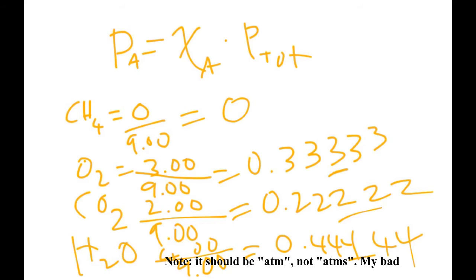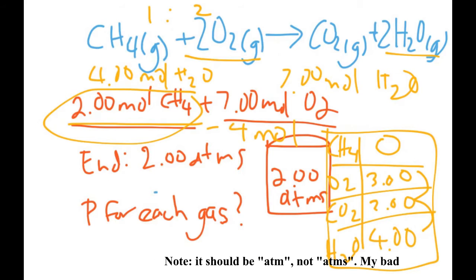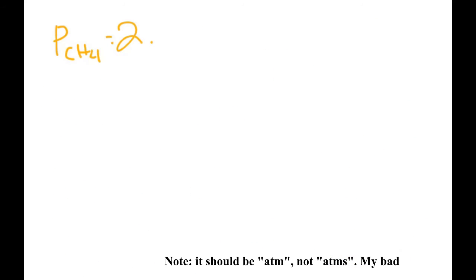So now that we have the mole fractions, let me actually write the mole fraction. I have to put the X and the chemical as a subscript, and let's calculate the partial pressures for each gas. So the partial pressure for methane gas will be the total pressure, which is 2.00, which was our total pressure at the end, times the mole fraction, which is 0, and that gives us 0 atm.